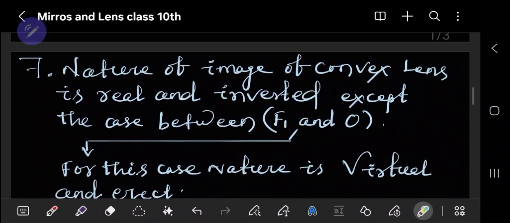Now going to point number 7. Nature of image of a convex lens. Nature of image of convex lens is real and inverted.